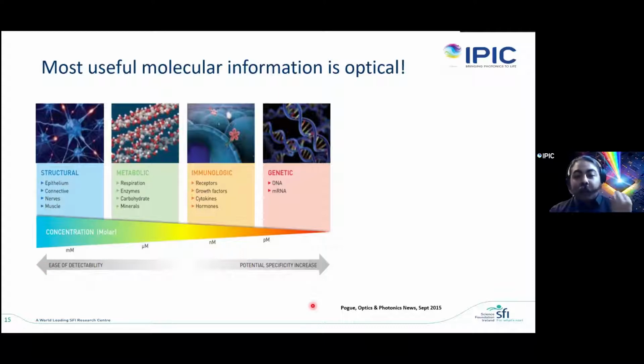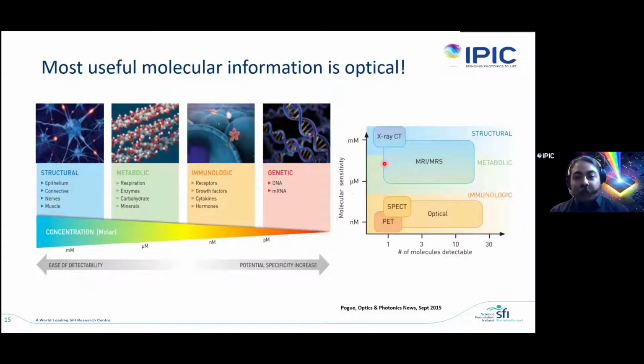Now, conventional technologies such as X-rays, MRI, and so on probe mostly structural and metabolic changes. Optical technologies can detect diseases much earlier than that and much more specifically, because we target the immunologic window there. We can also probe a variety of diseases with optical technologies, since we have a number of molecules we can detect.